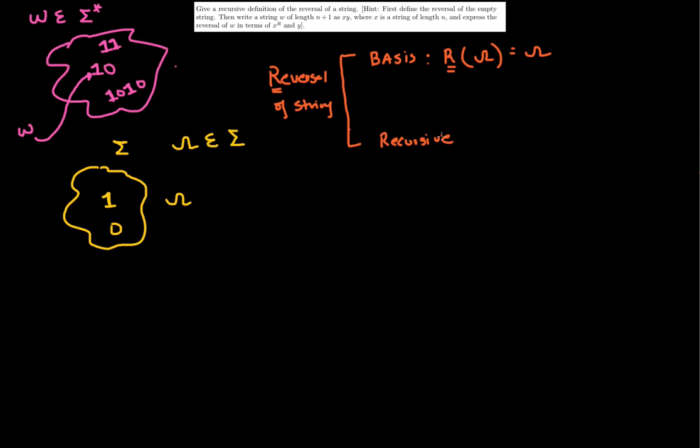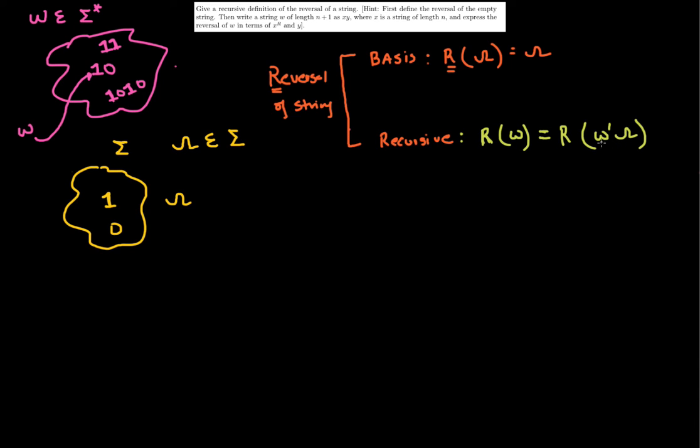Okay, now what is the recursive definition here? I'm just going to use a slightly different color. The recursive definition over here is that the reversal of my string w, of this w that I choose from the set pink, is equal to R of w prime followed by some omega.